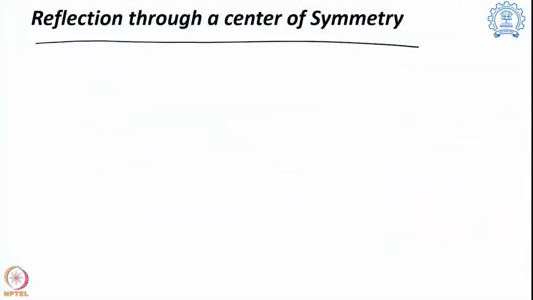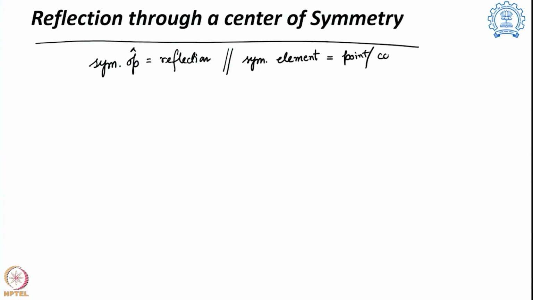So here my symmetry operation is reflection, but my symmetry element is not a plane, as we have seen for reflection through a plane of symmetry, or sigma. Here the symmetry element is a point, just a center, a dot, and this is known as the reflection through a center of symmetry.